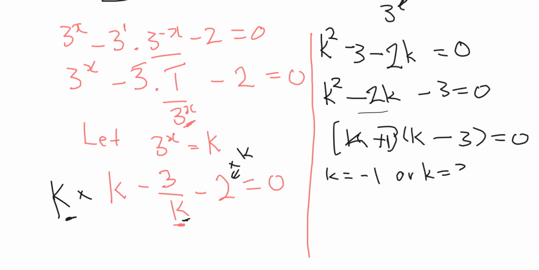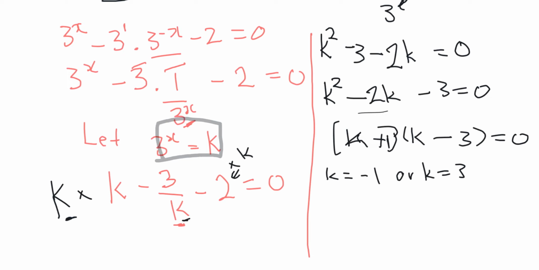Then from here, remember, we are not solving for k, we are solving for x. So now you come back. Can you see here? Here, you let 3 to the power of x be equal to k, which means wherever you are having your k, you are going to write 3 to the power of x.